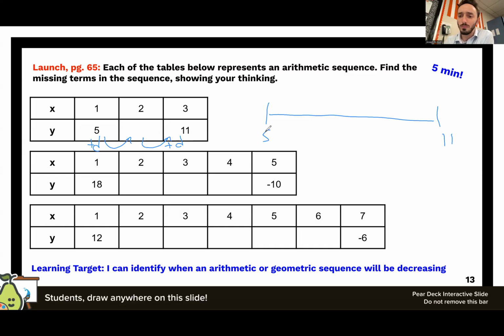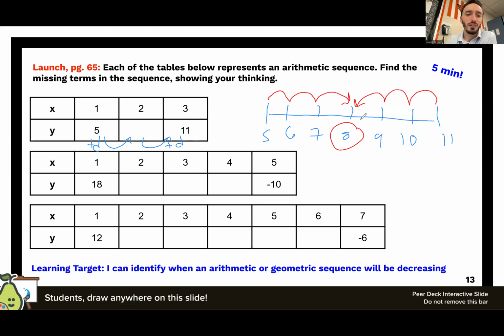So one way to think about it is if I picture it on a number line, I could go from 5 to 6 to 7 to 8 to 9 to 10 and then to 11. And if I want to figure out the thing that's equidistant away from 5 and from 11, the thing that's caught in the middle there, what I'm going to notice is if I diagram it out with a number line, that value must have been 8.